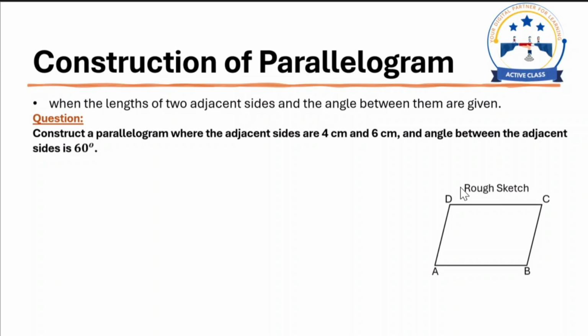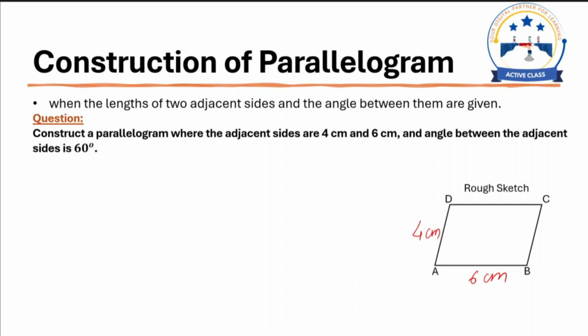And second information is how we are going to label the measurement of these sides. Let's choose side AB 6 cm. Here we are choosing ourselves. So AB is 6 cm. I choose side AD equals 4 cm.